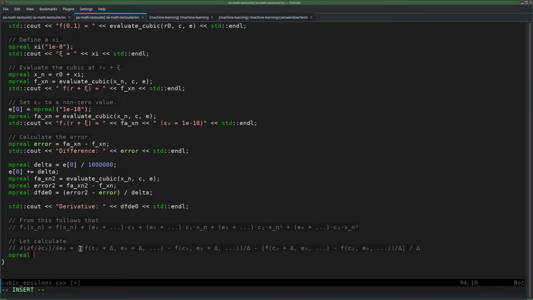So in order to calculate this, we have to add delta to C, so C2. So C2 plus delta. We can use the same delta or a different delta, it doesn't matter much. And then we have to evaluate that thing, so let's call it imperial.